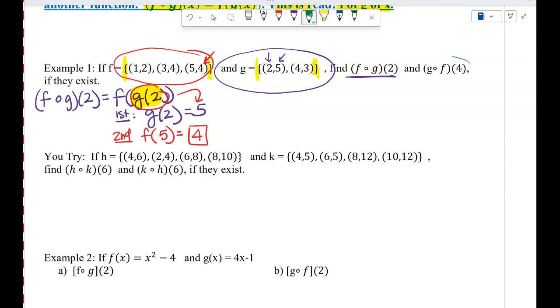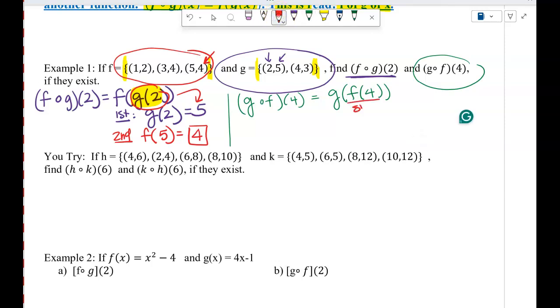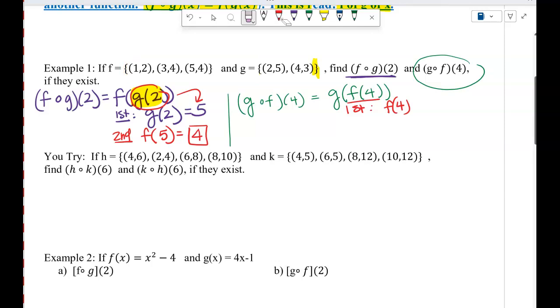The second half of this says find g of f of 4. I know there's a bubble right there, but keep in mind how we read this: g of f of 4. By definition, we write it using parentheses like this: g parentheses f parentheses 4. First step, do the inner component. Find f of 4. This just means, what is y when x is 4?